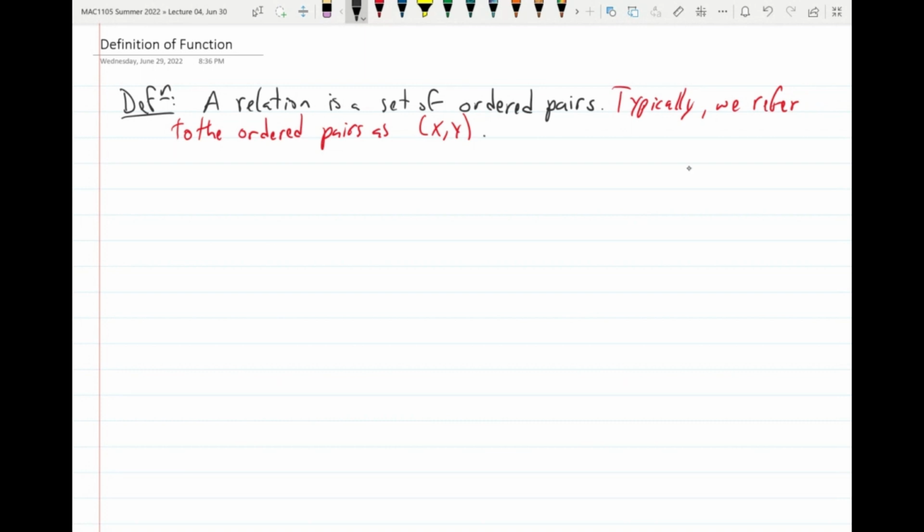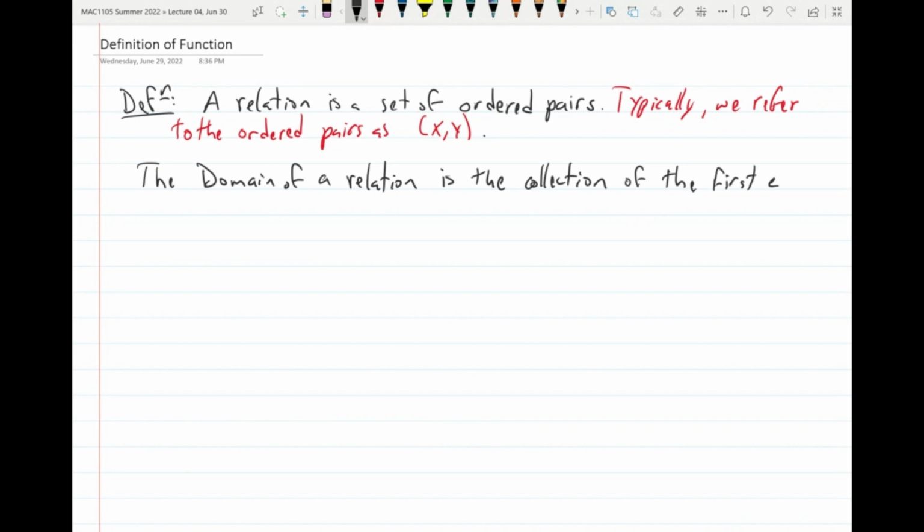And then the domain of a relation is the collection of first elements in each ordered pair. In other words, all the x's.